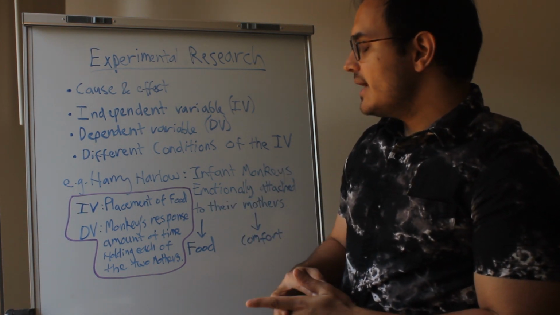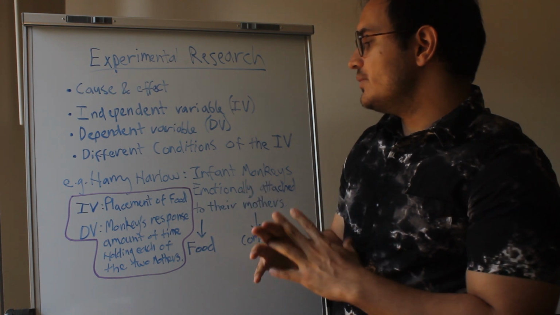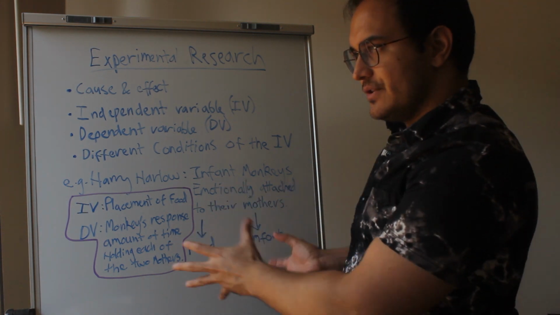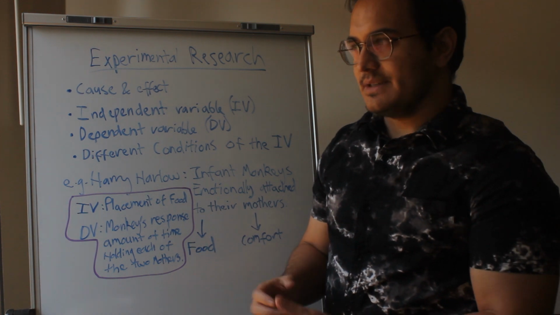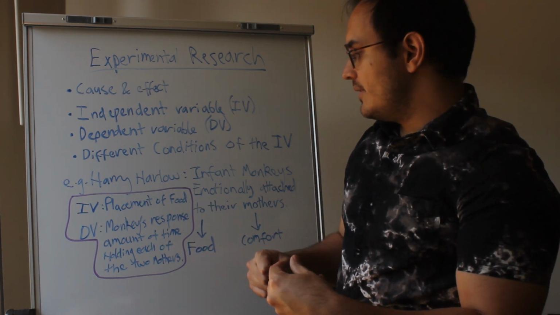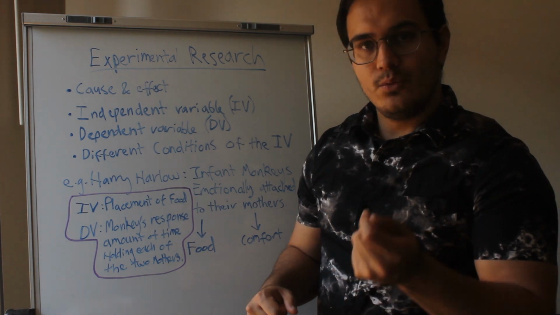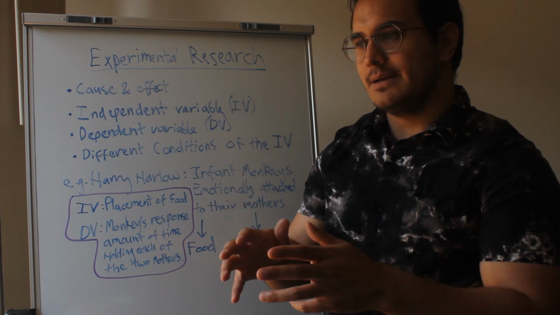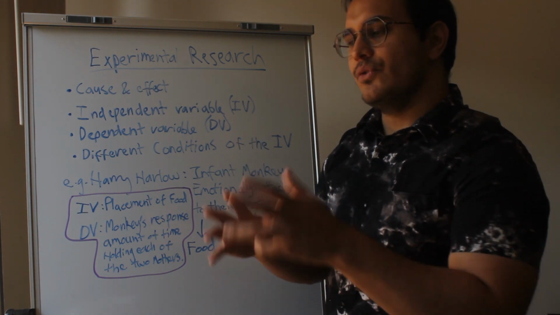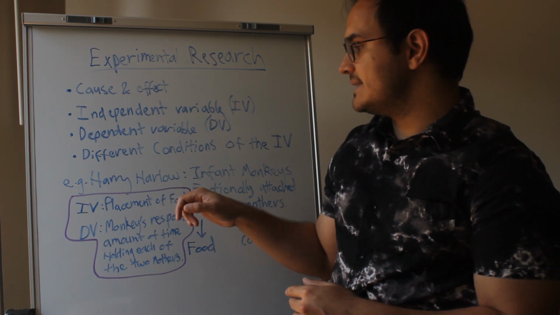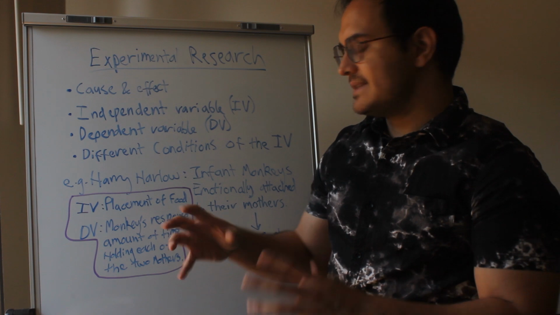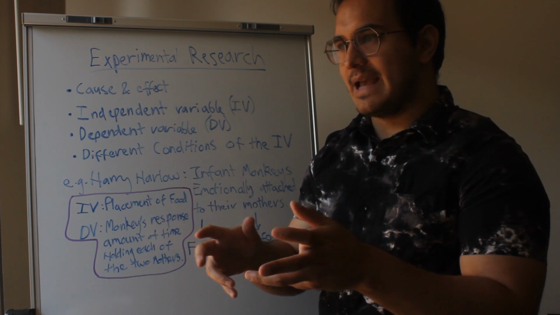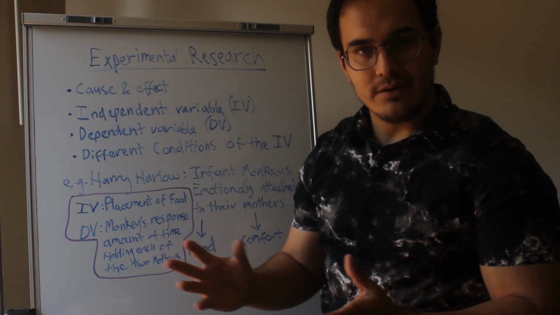Out of those two competing theories, we have one hypothesis that the monkey actually wants the comfort of the mother, and it won't matter if the mother gives it food or not. So what they do is they have two surrogate mothers, and they get these infant monkeys in captivity, isolated from their mother.